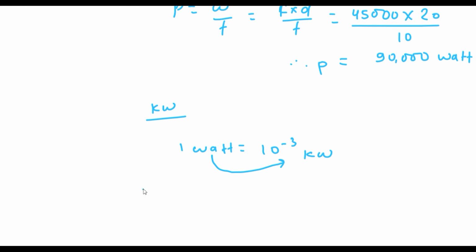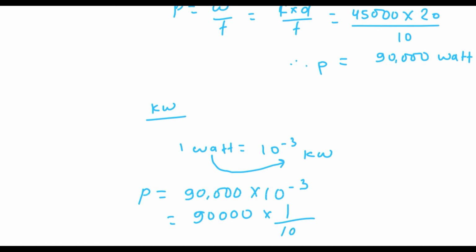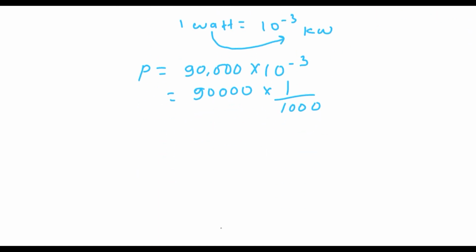So power is 90,000, and when we multiply with 10 to the power minus 3, meaning 1 by 10 to the power 3, the zeros cancel and it becomes 90 kilowatt.